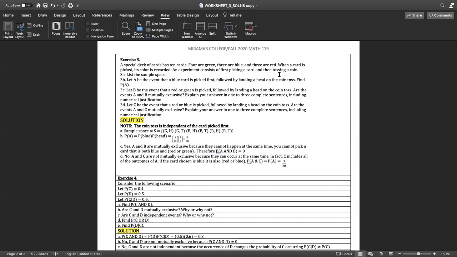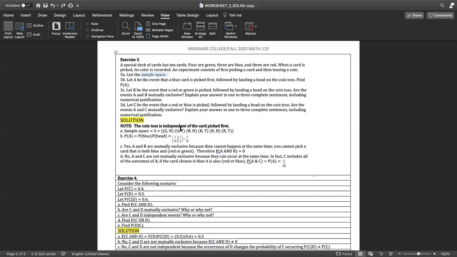So you see what we're doing. We're picking the card first, and then we're tossing a coin. Okay? So what is the sample space?